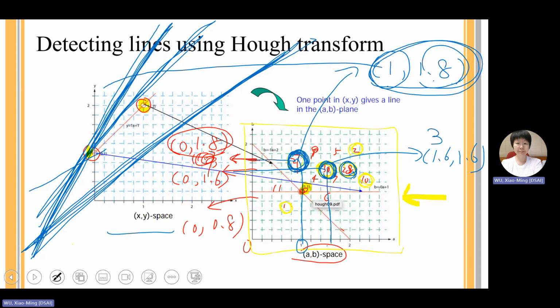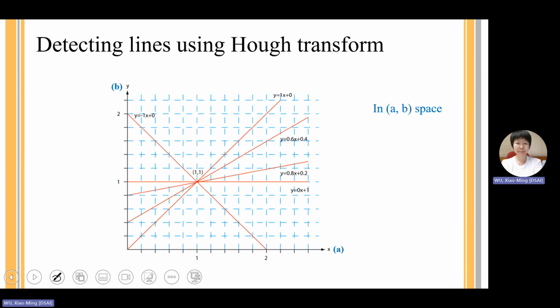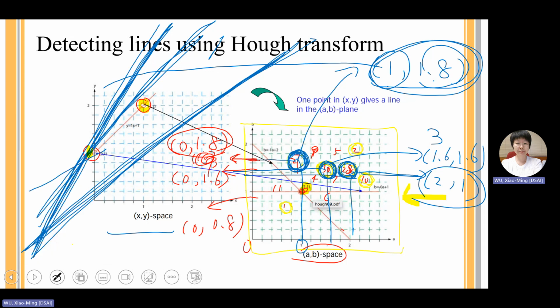And similarly, for the cell with 28, its A value is 2 and its B value is 1. So this cell corresponds to another straight line in the XY space, for example.